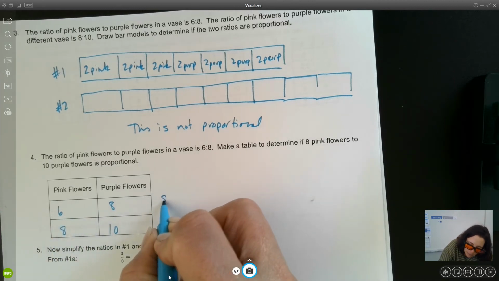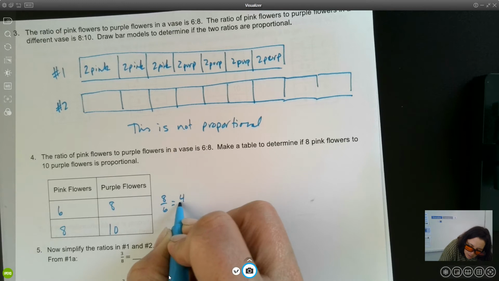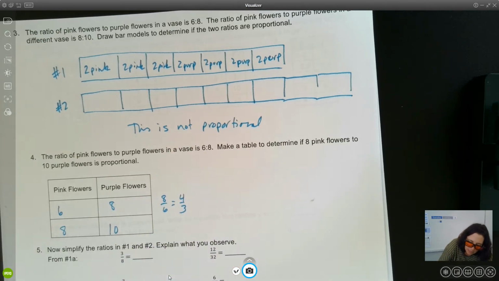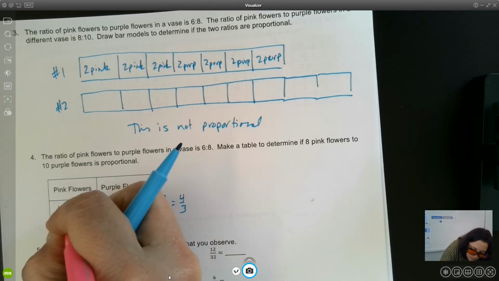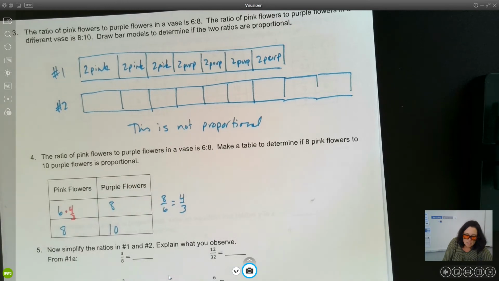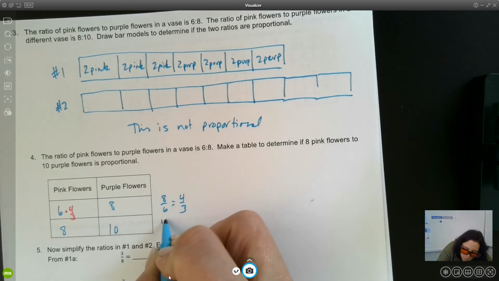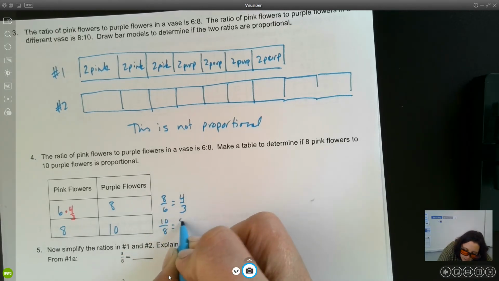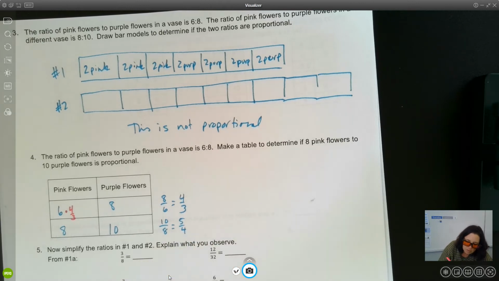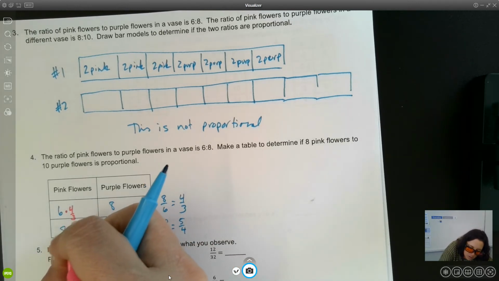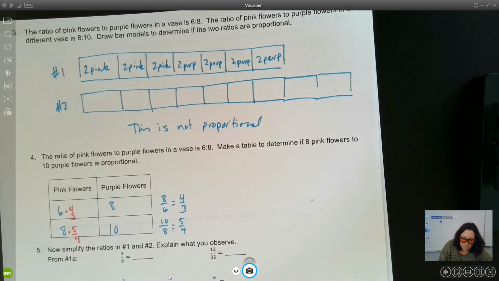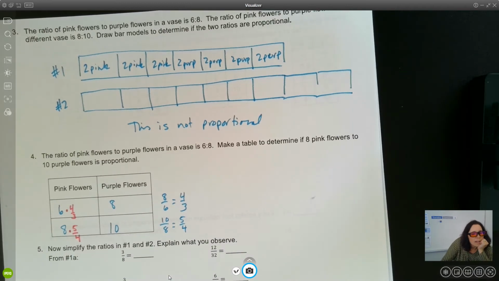So 8 over 6 is 4/3. If I multiply 6 over 1 times 4 over 3, I get 8. Now this one, 10 over 8, 5/4. Let's make sure that gets us there. If I multiply 8 over 1 times 5 over 4, that would be 10.